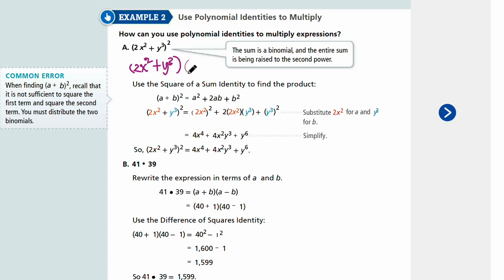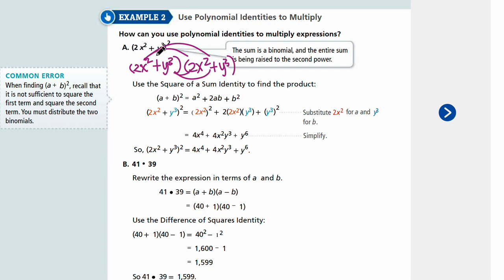Originally you would have to use the FOIL method, but we know that there are polynomial identities, right? If you use the FOIL method, then you have more steps. But if you know the square of a sum identity, we know that (a plus b) squared is equal to a squared plus 2ab plus b squared.